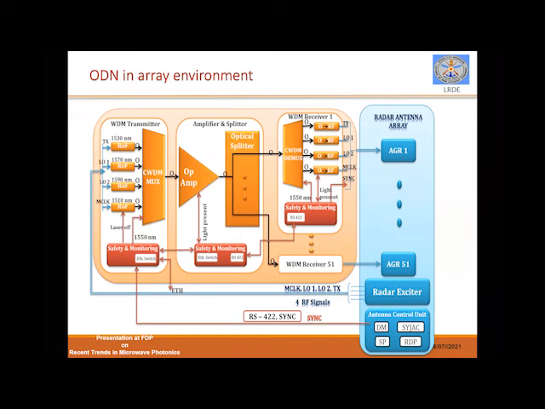So CWDM means the channels are far apart, and DWDM means it is densely, thickly packed, so we have to take care of a lot of other aspects. The laser temperature should be maintained at the proper level. Otherwise there will be a shift of lambda, and there should not be crosstalk between the channels.